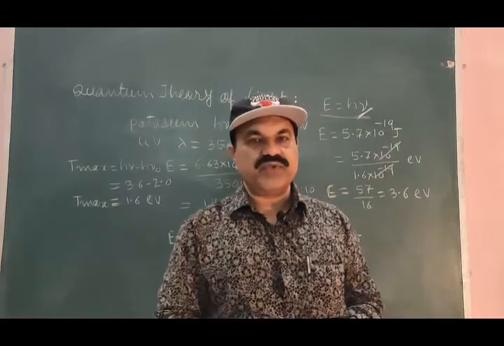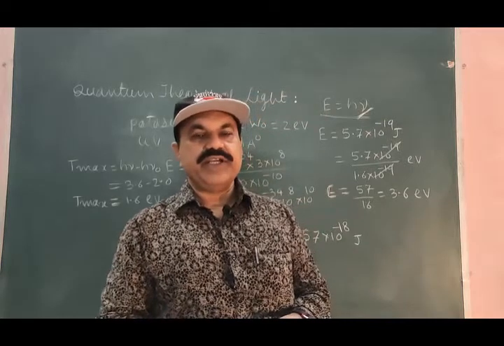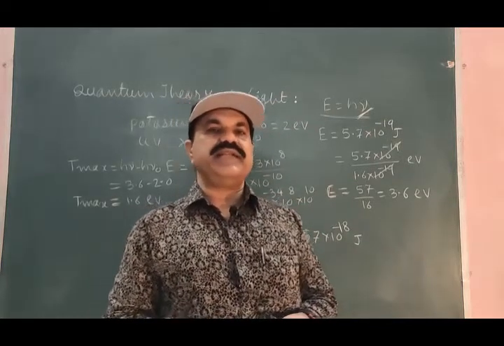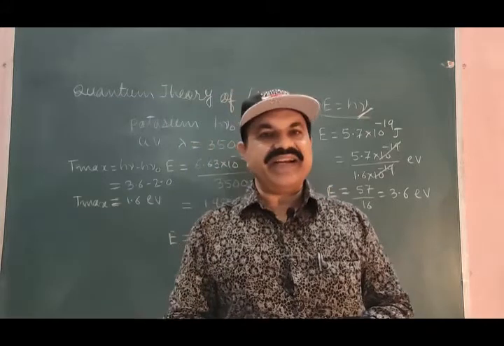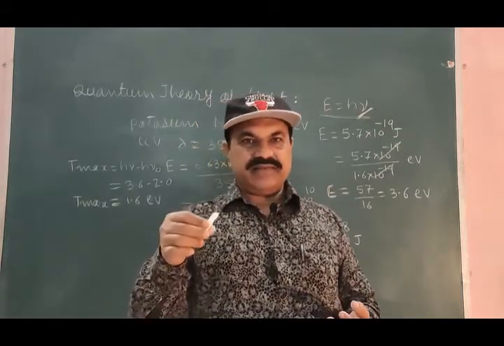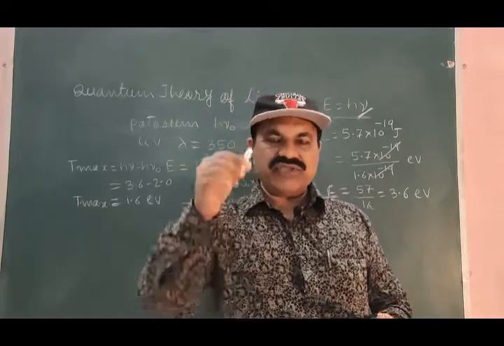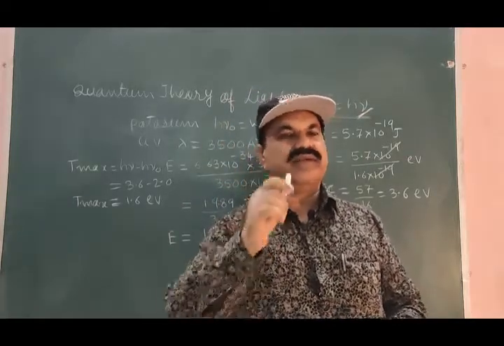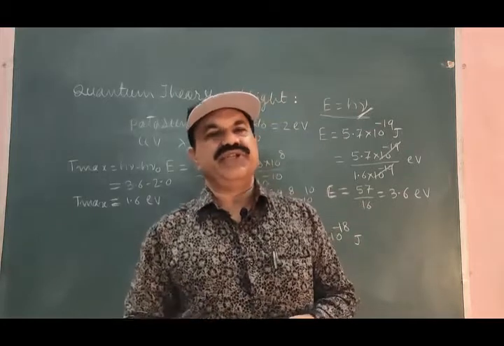Average energy of the photoelectrons is a function of the frequency of the light irradiating the metal surface, and this fact was very well explained by quantum theory of light.